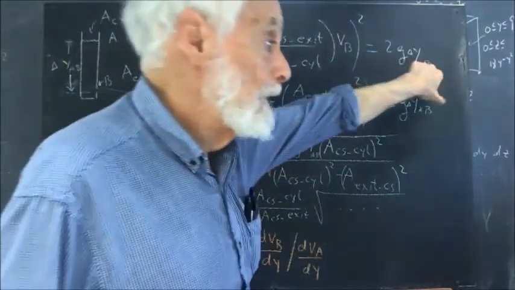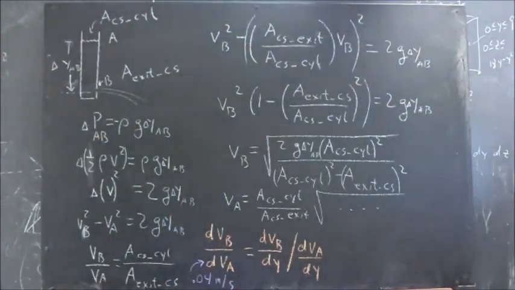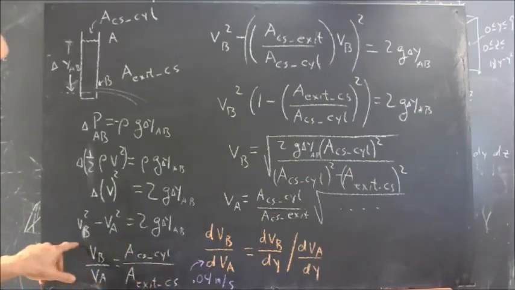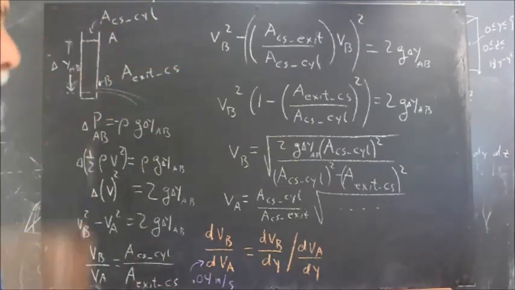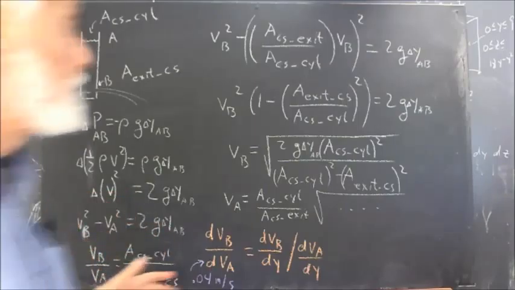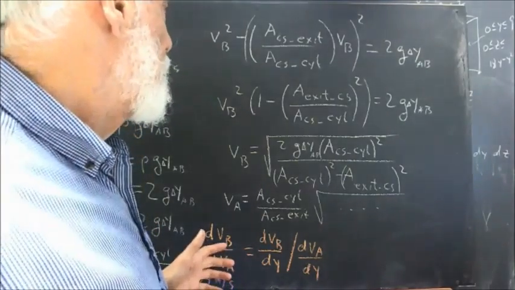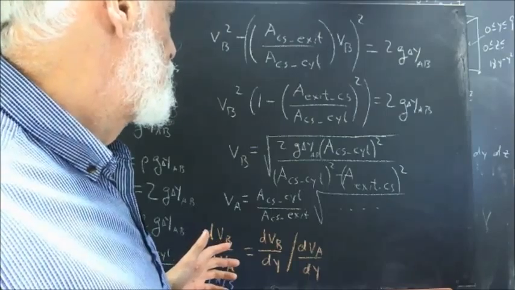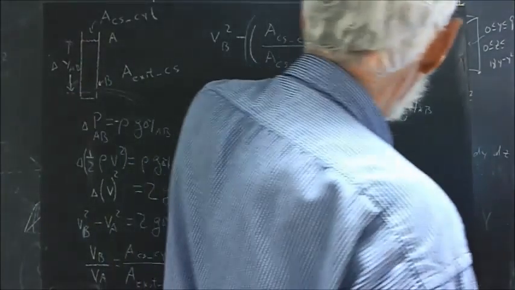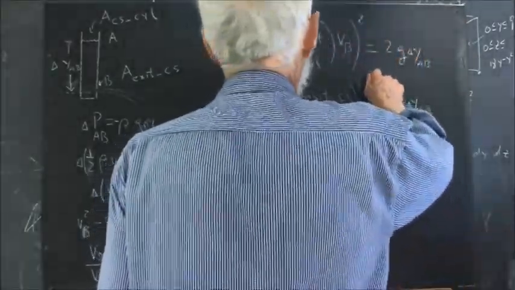Okay, anyhow, that's equal then to the 2g delta y AB that we get here, and you should take that back to first principles, energy conservation, and so forth. Not sure why the square is there, but it needs to go here.